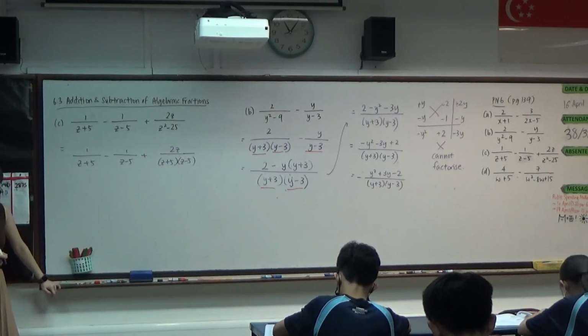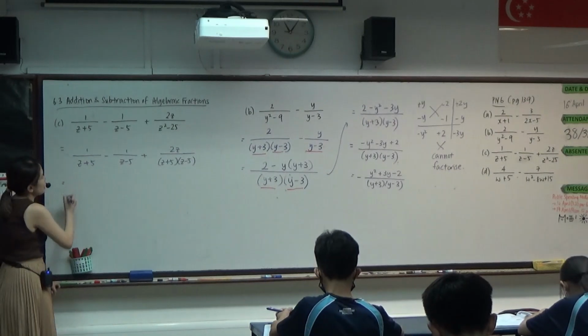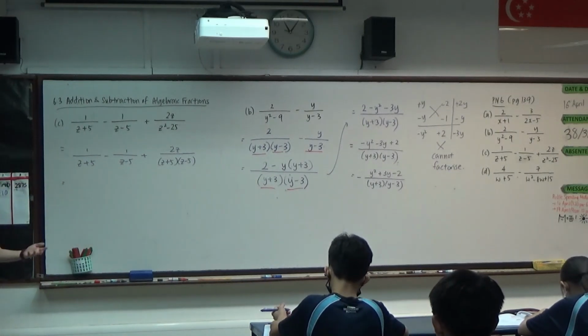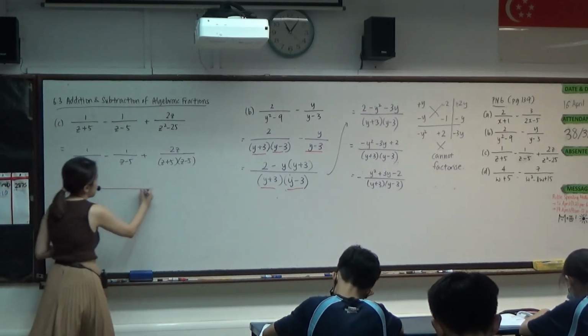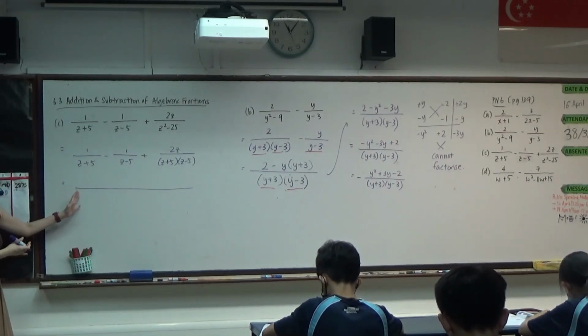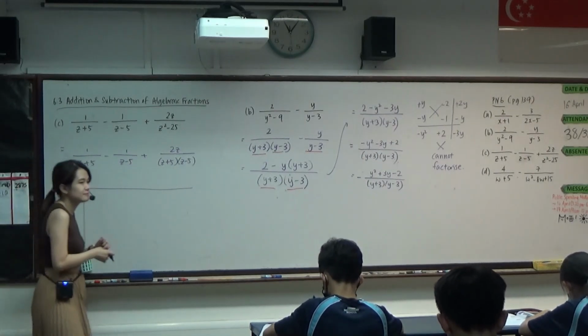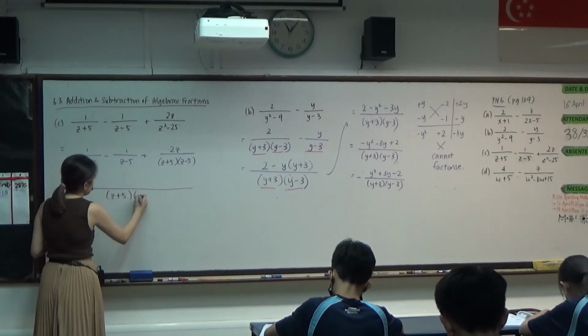Thank you, have a seat. After we have done this, we can do the denominator. And what will the denominator be? Colin, you want to continue? The denominator will be z plus 5, z minus 5. Great.